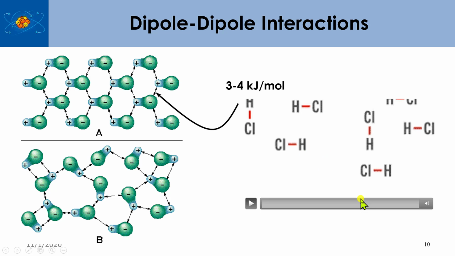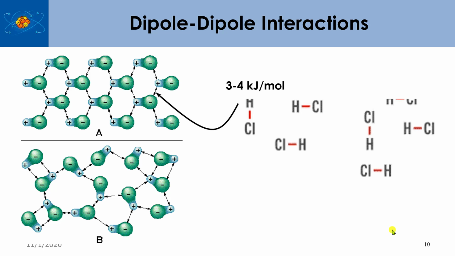So what affects the strength of a dipole-dipole interaction? It's the difference in electronegativity between the bonds and how symmetric the molecule is. So if you have a large difference in electronegativity in the bonds, typically speaking, the dipole-dipole interaction will be stronger. But if the molecule is symmetric, it can also be nonpolar, in which case the dipole-dipole interaction is non-existent in those molecules.